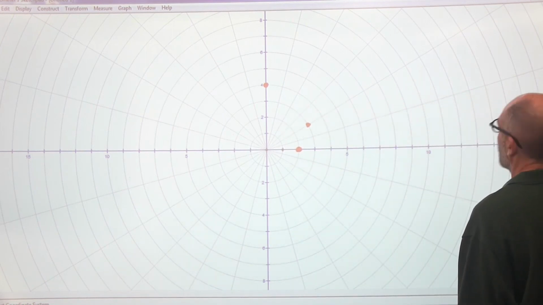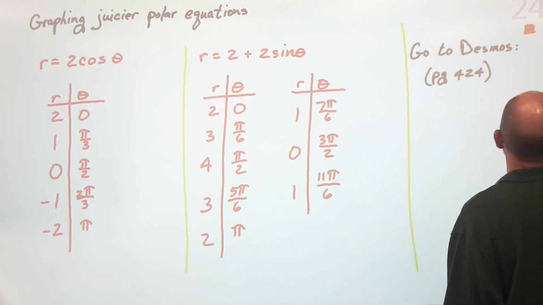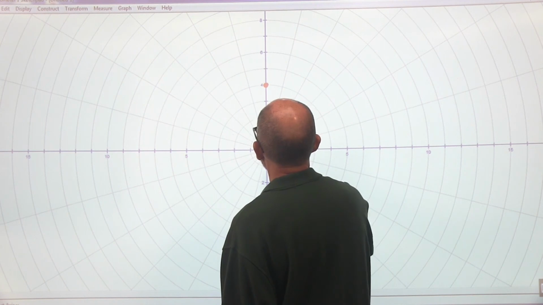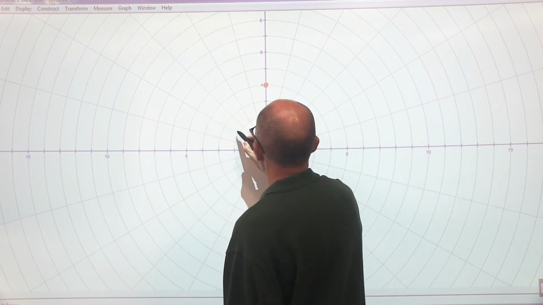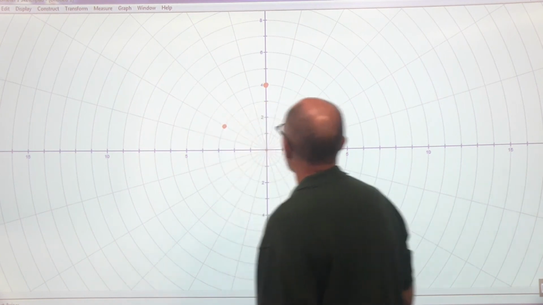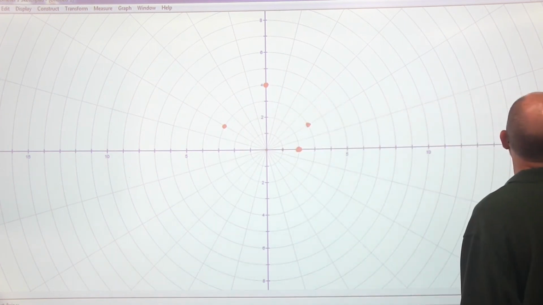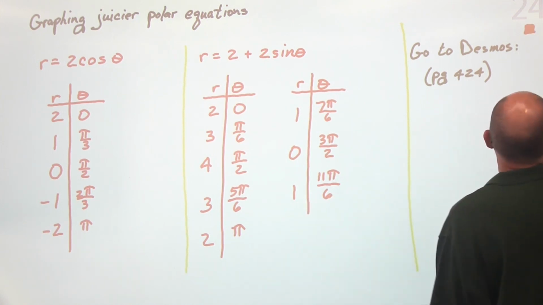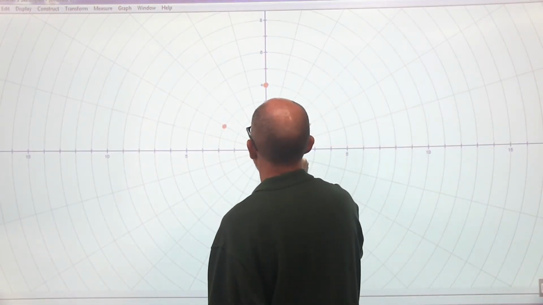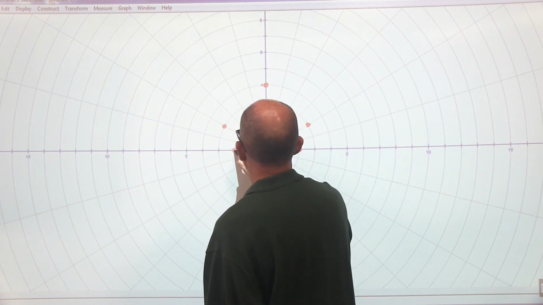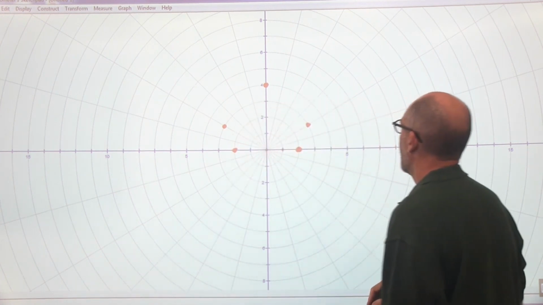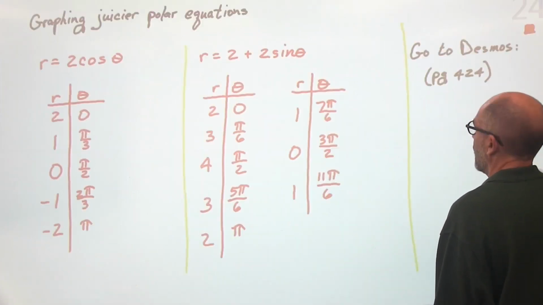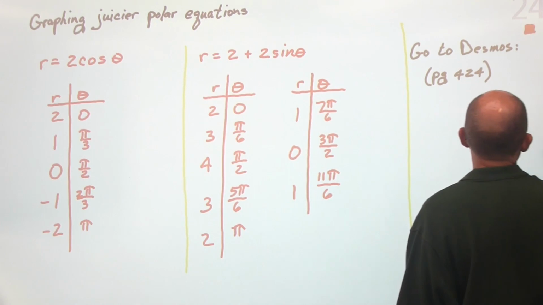Then I go 3 at 5 pi over 6. So 5 pi over 6 is this direction. I'm going 1, 2, 3. Then I have 2 at pi. Then I go 1 at 7 pi over 6.